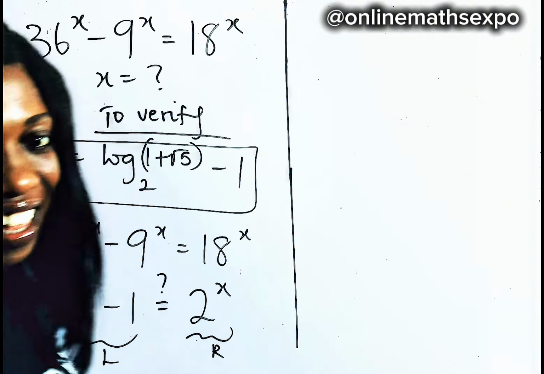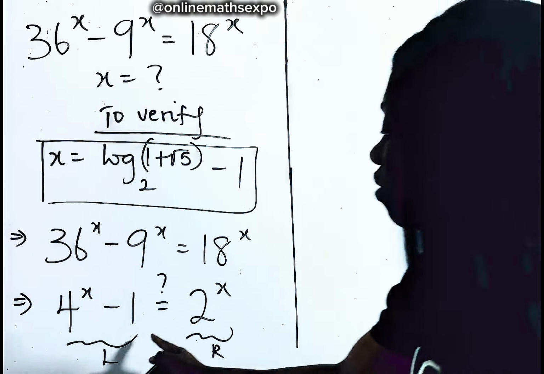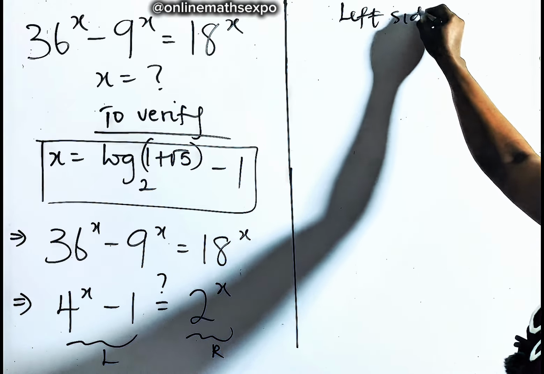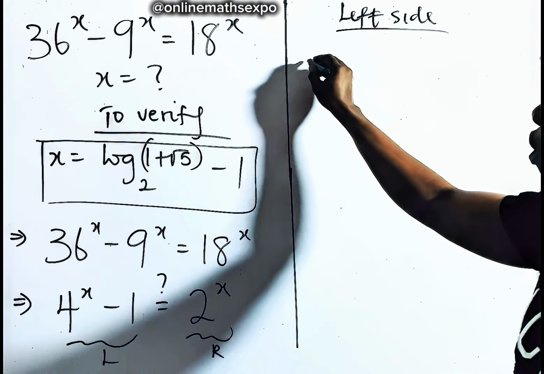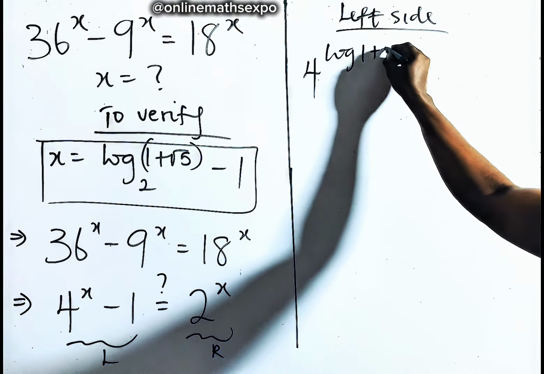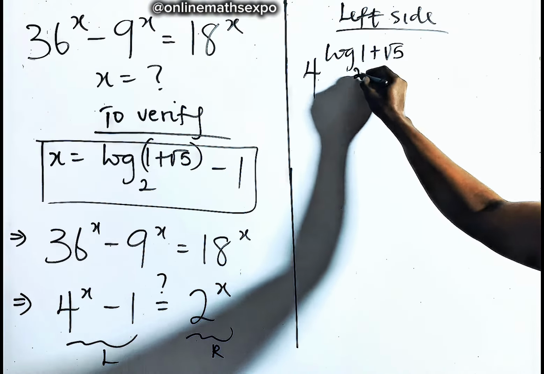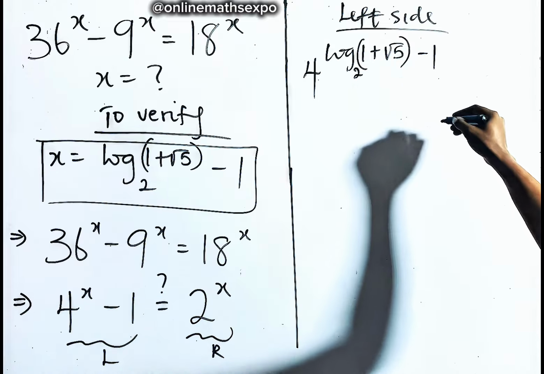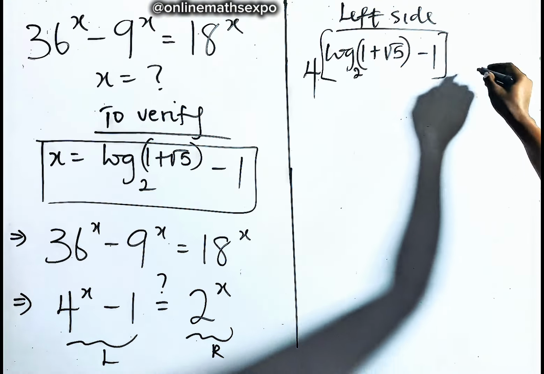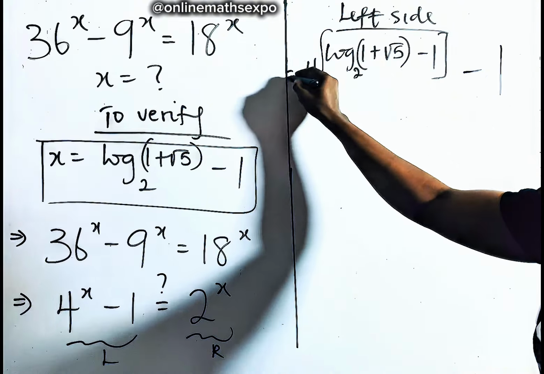Let's do that together. For the left side, we are going to have for our x, log of 1 plus root 5 base 2 minus 1. That's what we have, then minus this one. So let's work this out.